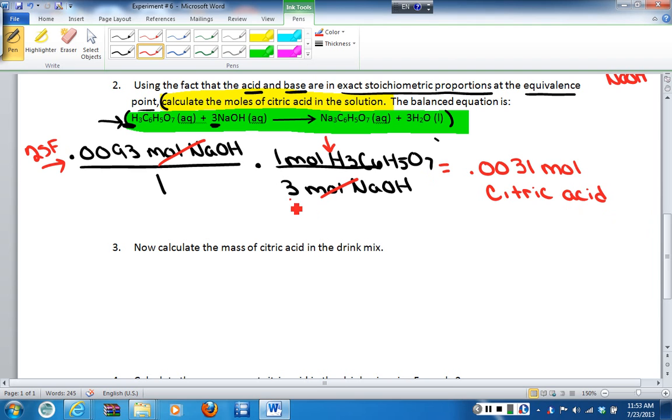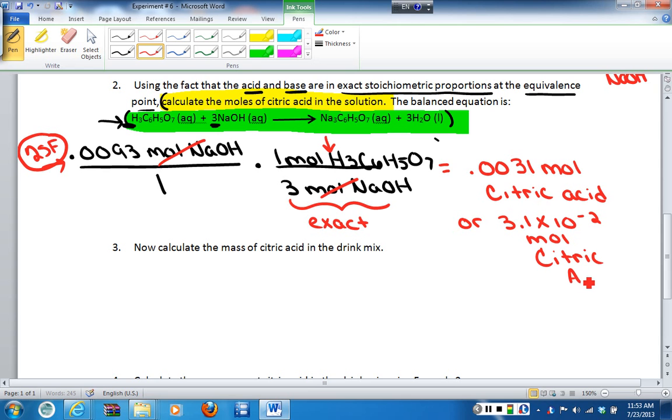These other numbers are considered to be exact, so we do not consider them when determining sig figs because they have an infinite number of significant figures. So based on our calculation, our final answer needs to have 2 significant figures. We can write this as 0.0031 or 3.1 times 10 to the minus 3 moles of citric acid.